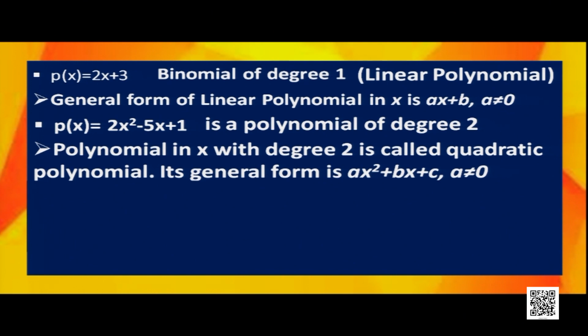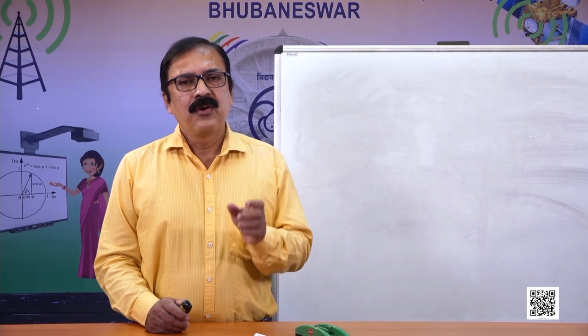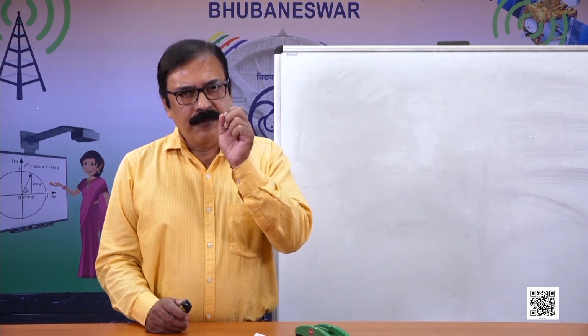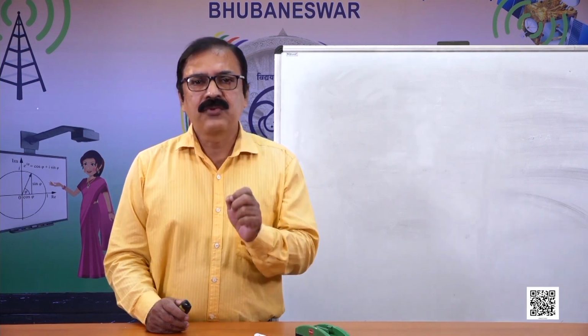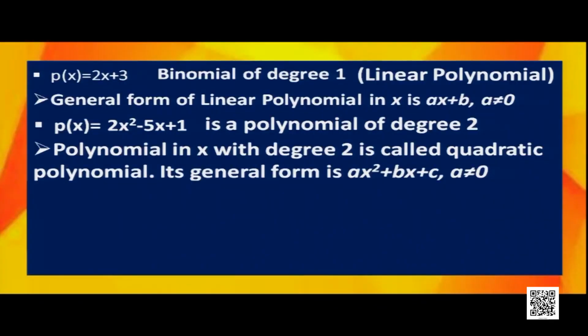That means if you write only ax square, it is a quadratic polynomial. ax square plus bx, again a quadratic polynomial. ax square plus c, a quadratic polynomial. But if we write bx plus c, it becomes a binomial of degree 1. So the coefficient of x square must not be 0.